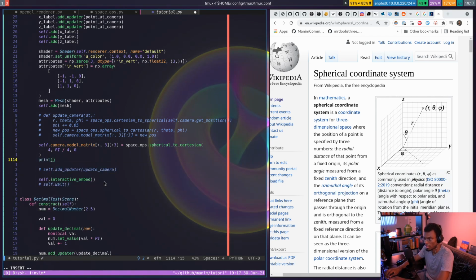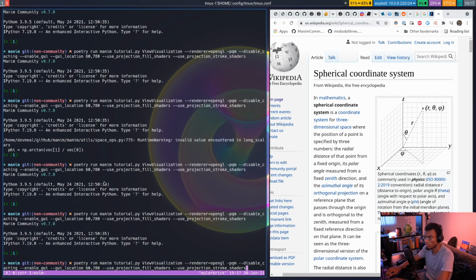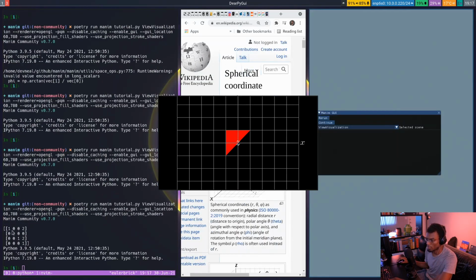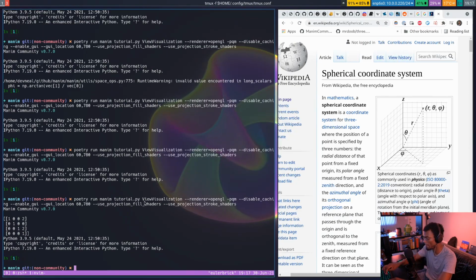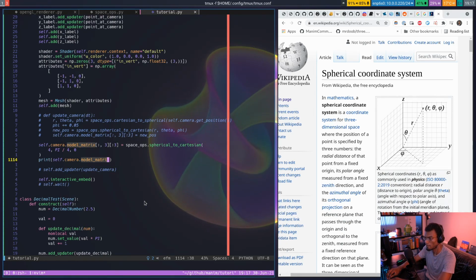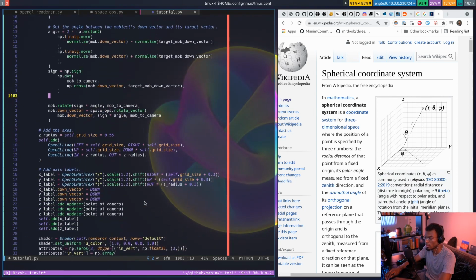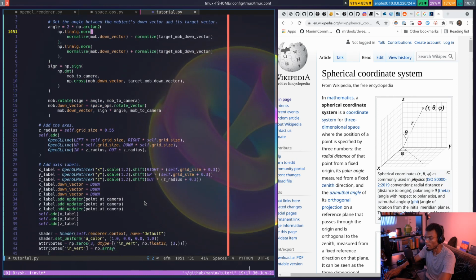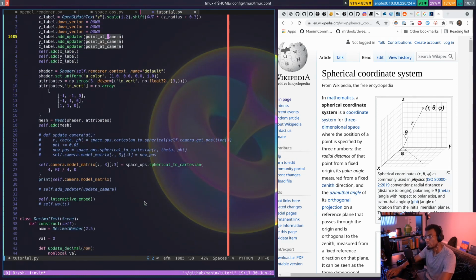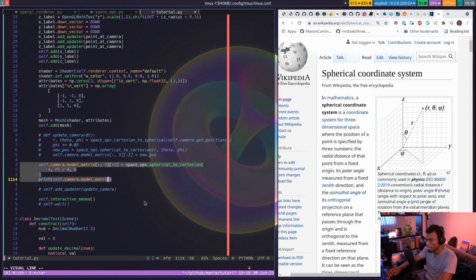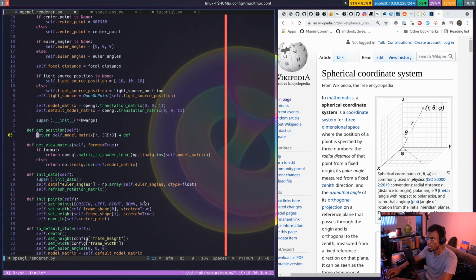Let me see what the model matrix is after this. Oh, it's... Wait, what? That isn't what's reflected here. Wait. It should be passing the view matrix from this camera in the OpenGL renderer.